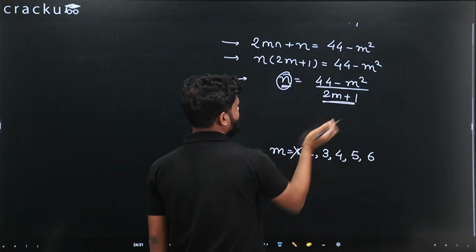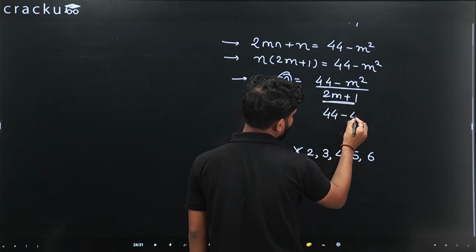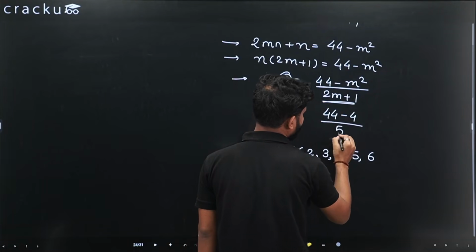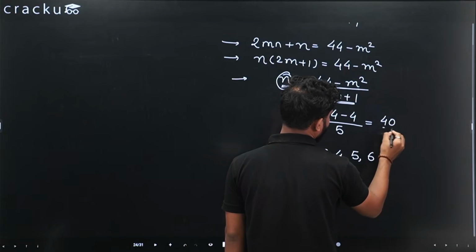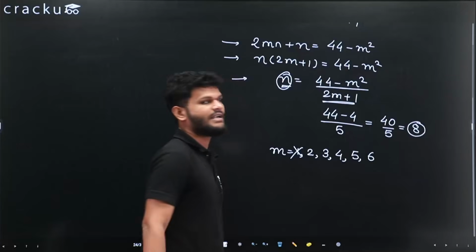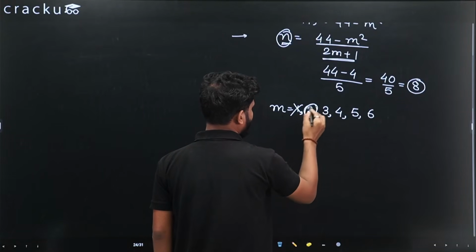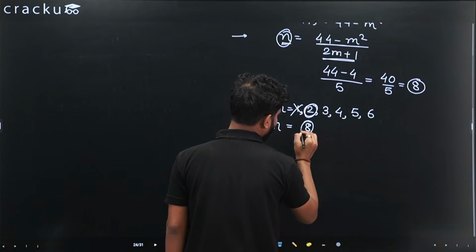Let us put m is equal to 2. So 44 minus 2 square, which is 4, upon 2 into 2 plus 1, which is 5. This is 44 minus 4 is 40 divided by 5 is 8. Is 8 a positive integer? Yes. So m is equal to 2 is a correct value, and for this n is equal to 8.